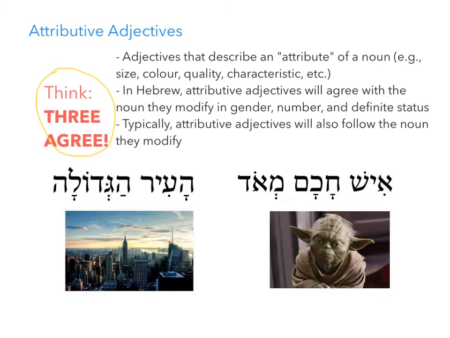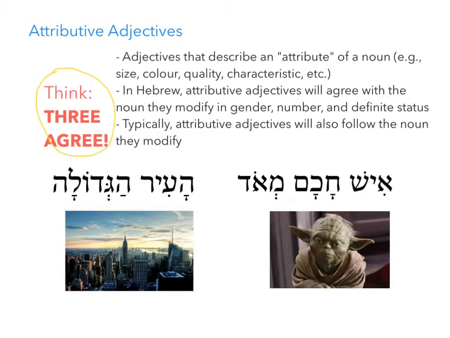They will both have the same gender, they'll both have the same number, so they'll be singular or plural, and the same definite status. They will either both have a definite article or neither of them will. They fully agree on all 3 points: gender, number, and definite status.